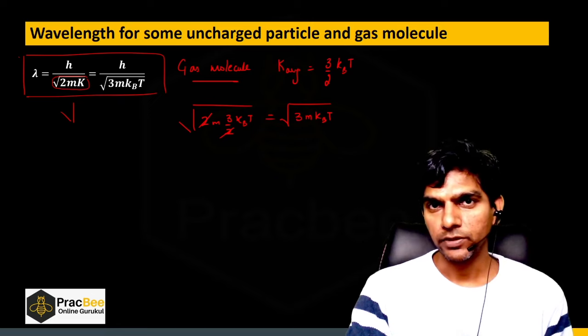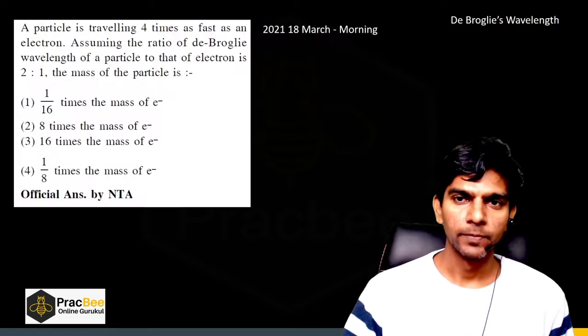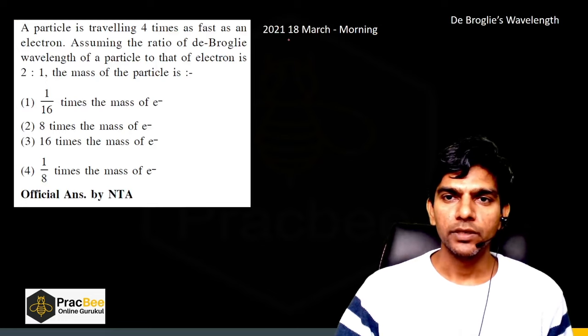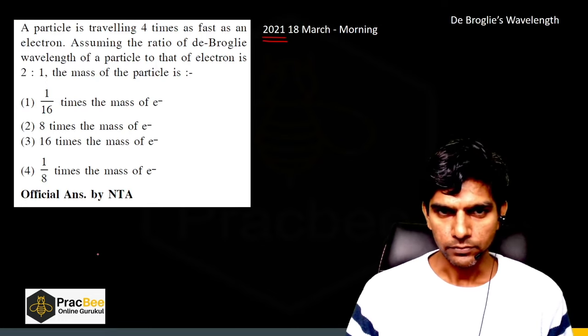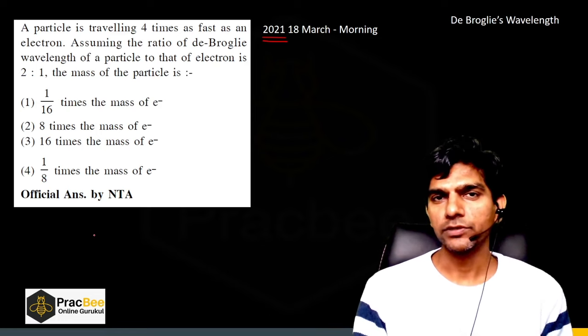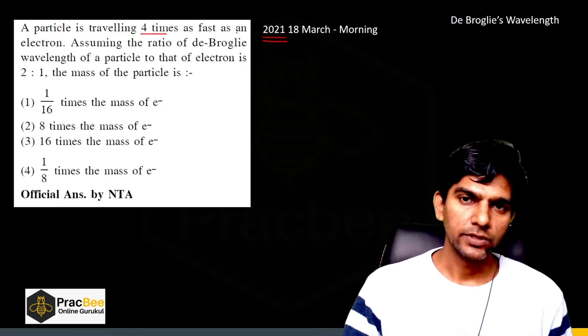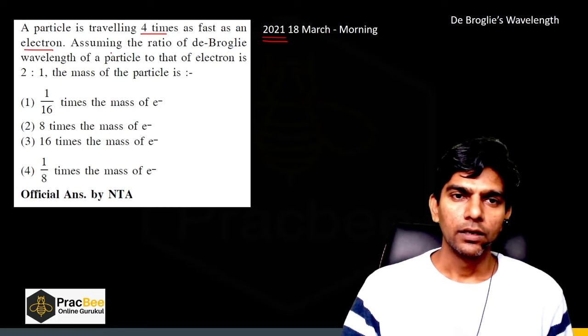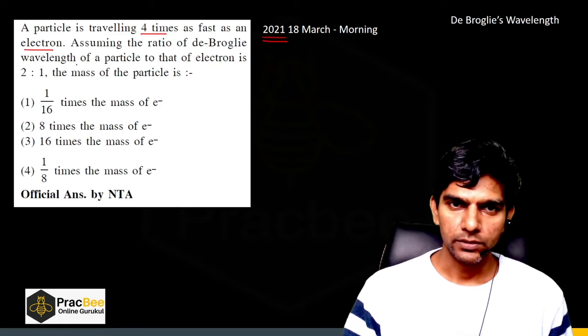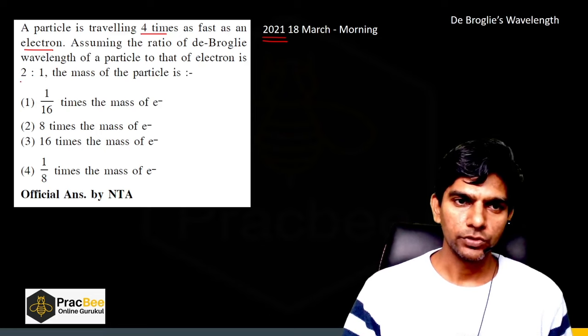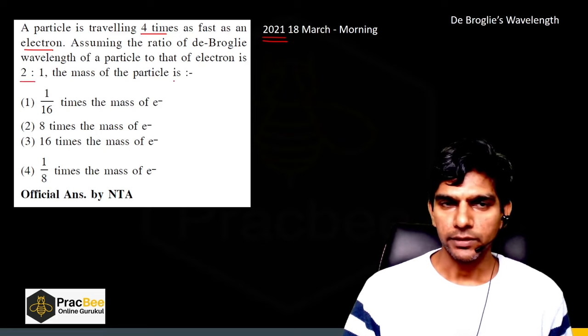Now let us see the important question from this particular section. Right. So this question came in the year 2021. So just pause the video and try to solve this question. Right. So a particle is traveling 4 times as fast as an electron. Assuming the ratio of the De Broglie wavelength of the particle to that of the electron is 2:1, the mass of the particle is.